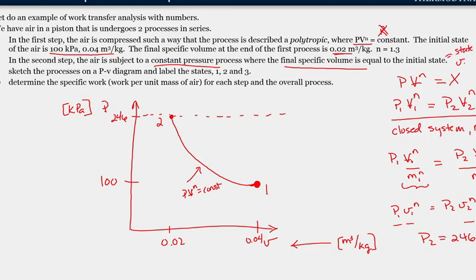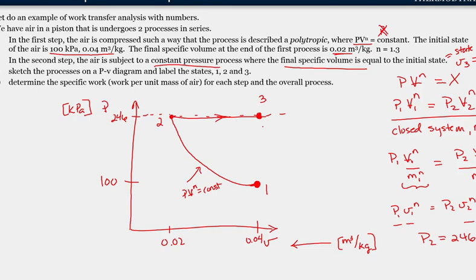So the specific volume at state 3 is equal to the specific volume at state 1. There we go. We move across, and that's the process diagram. Two processes, but this is the complete process diagram from 1 to 2 and 2 to 3.